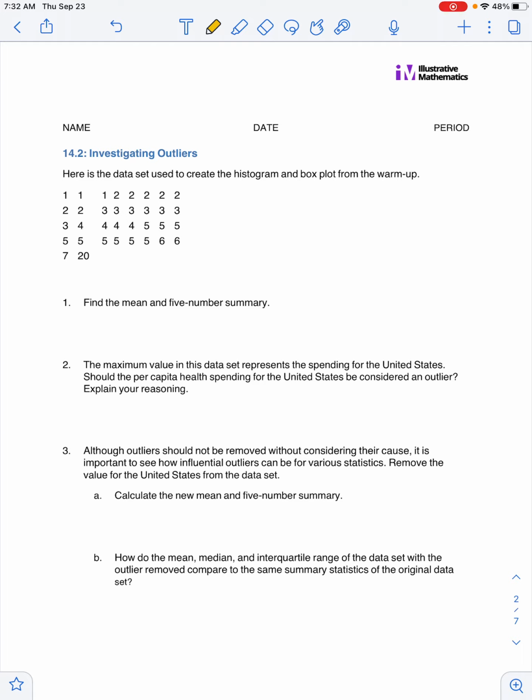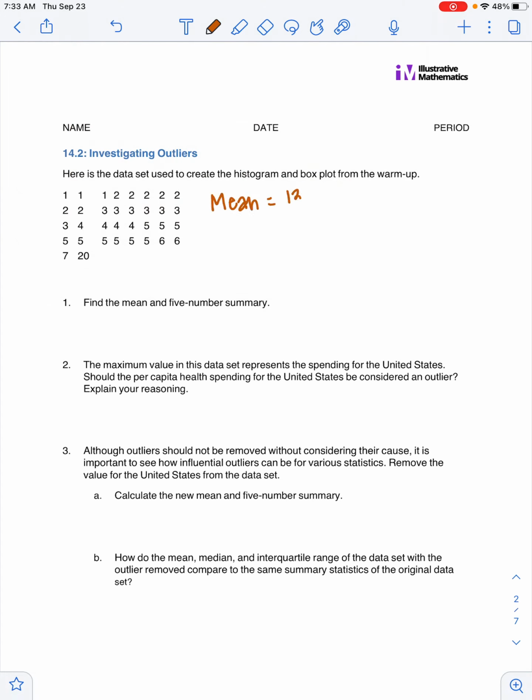Okay, so if you're watching this video, you should have found the mean and the 5-number summary of this data set. Remember, to calculate the mean, you simply add up all the numbers and divide by how many numbers there are. And to calculate the 5-number summary, you need the minimum, Q1, median, Q3, and maximum. So if we add up all the numbers to get the mean, we end up with 138 divided by 34, which gives us a mean of 4.05.